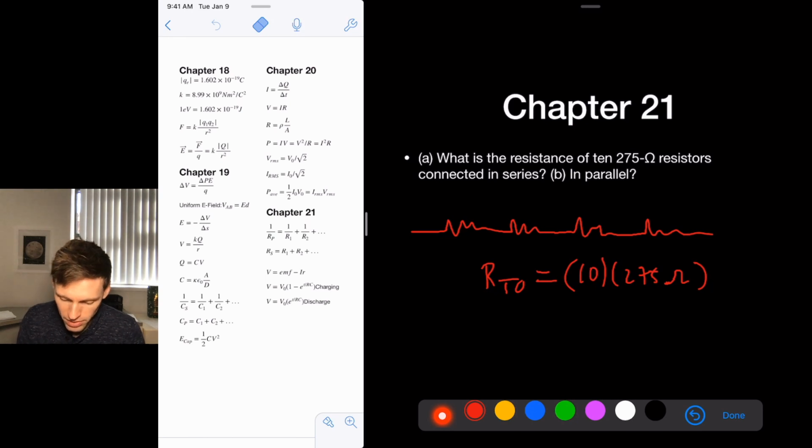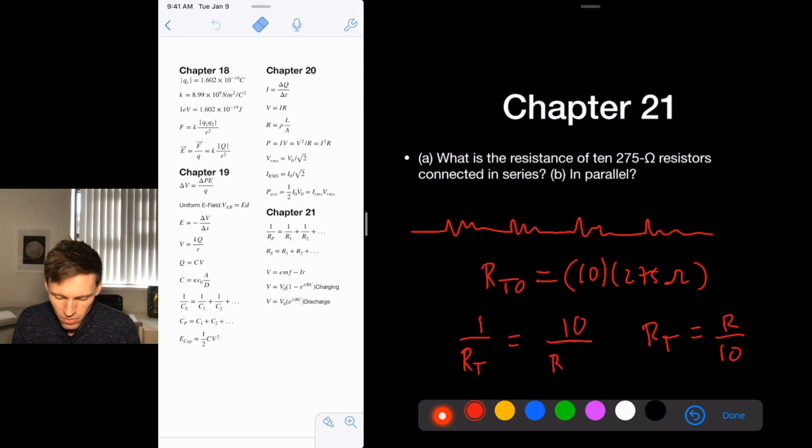In parallel, 1 over R total is going to equal 1 over R1 plus 1 over R2 plus and so on. This only works because they're all the same resistance R, so it's going to be 10 over R, and so R total is going to equal R divided by 10 in parallel.